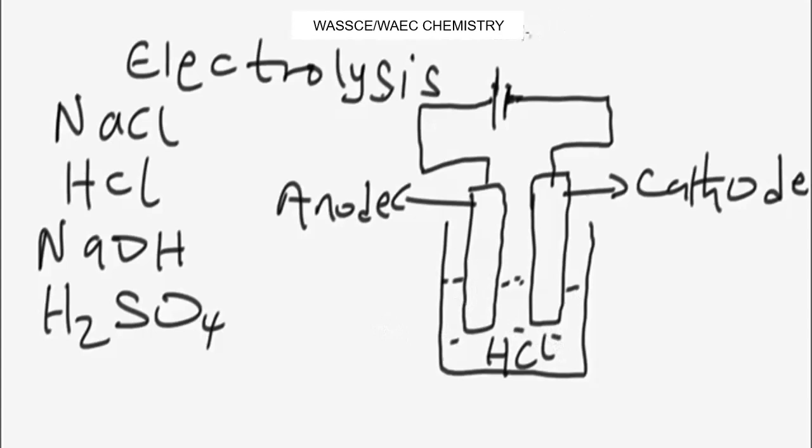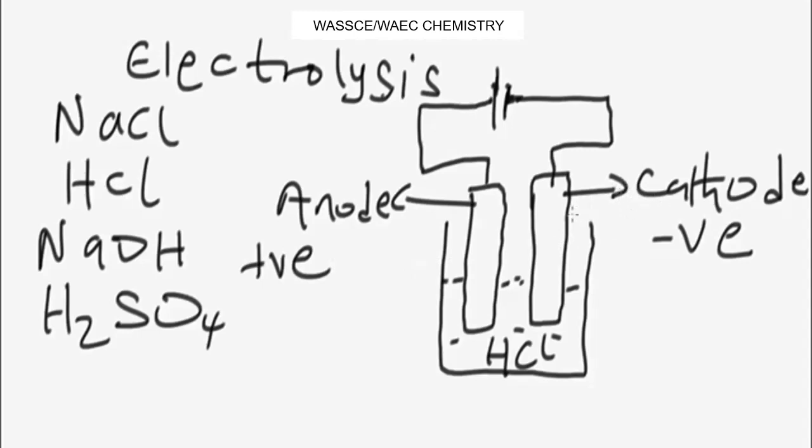Now, note that in an electrolytic cell, the anode is positively charged, whereas the cathode is negatively charged. Take note of this. The anode is a positive electrode, whereas the cathode is a negative electrode.